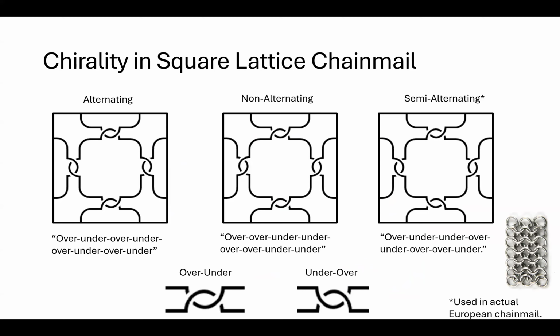And with 4 neighbors, there are different sequences that can happen. This one goes over under over under. We'll call that alternating. This one goes over over under under. We'll call that non-alternating. And the last one has a combination of alternating and non-alternating. We'll call that one semi-alternating. And that's the one that's used in actual European chainmail, called the 4-in-1 weave.